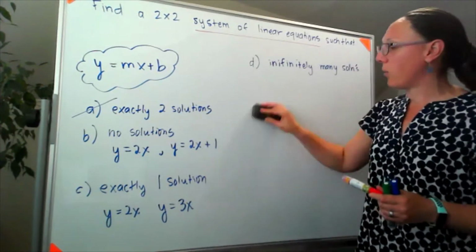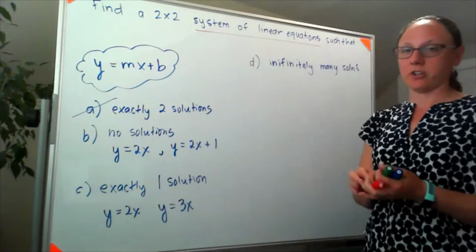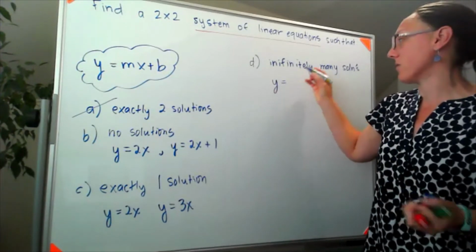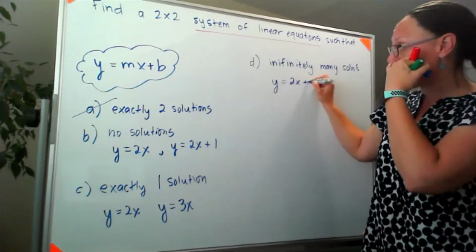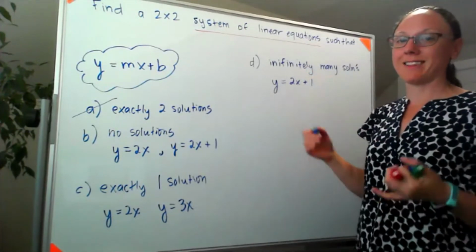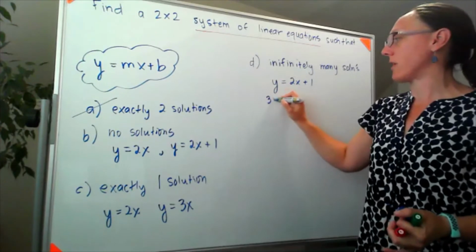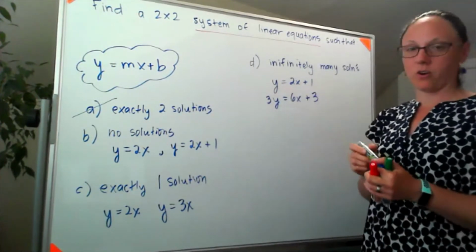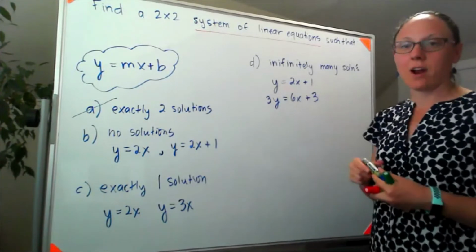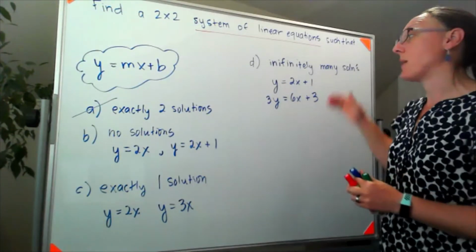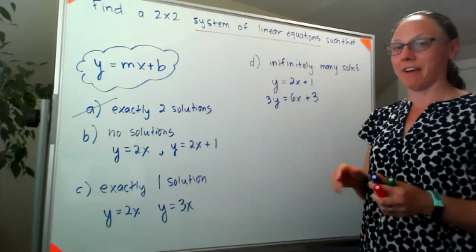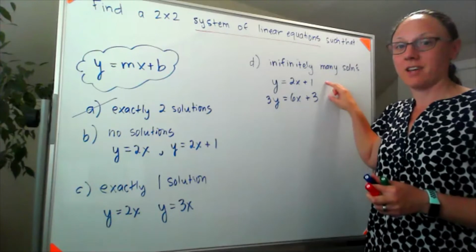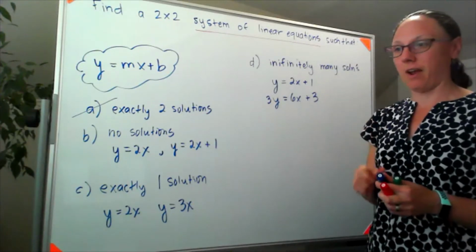So as two equations, maybe I could write the first equation as y equals 2x plus 1. But if I write the second equation as 3y equals 6x plus 3, then really these are describing the same line. And that's what's been happening when we've been looking for those eigenvectors: when we write out the linear system, we end up with two equations that secretly are the same line.